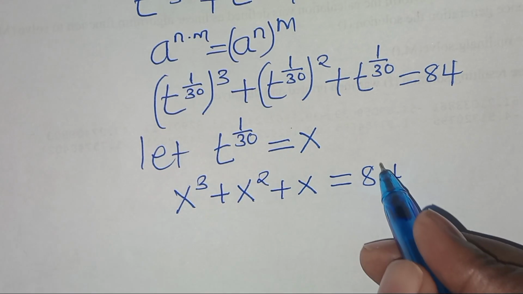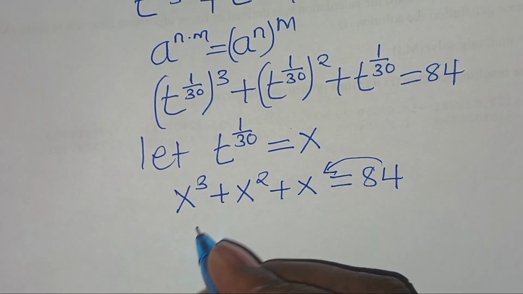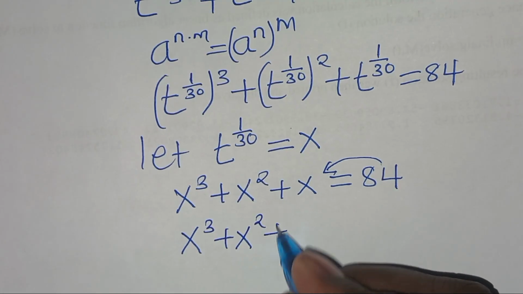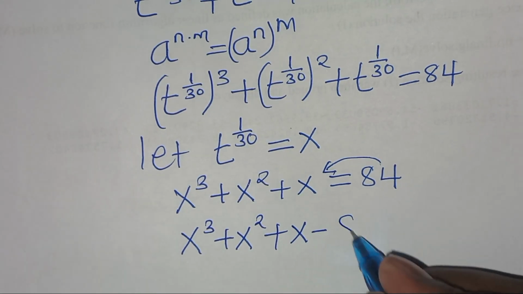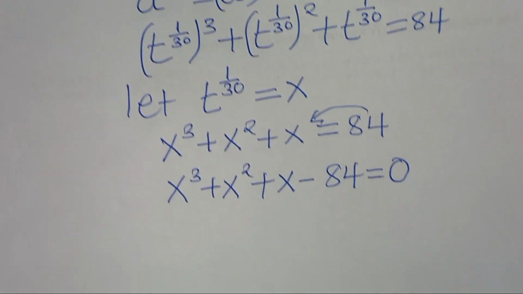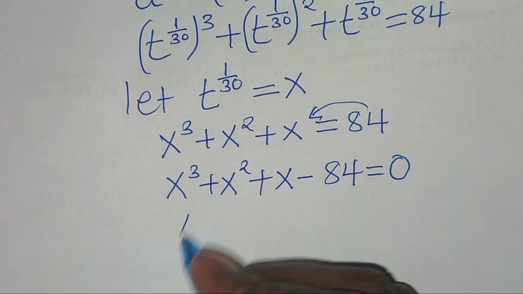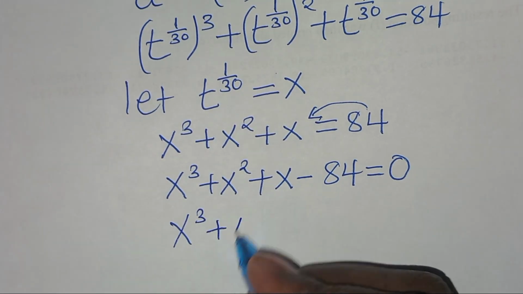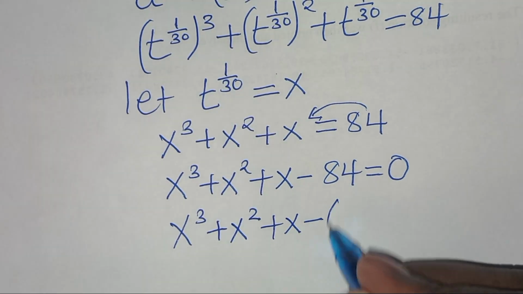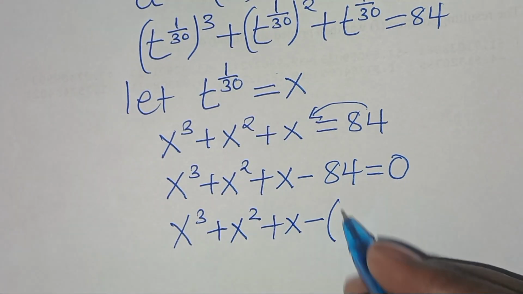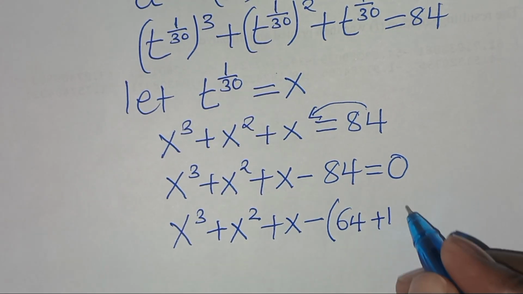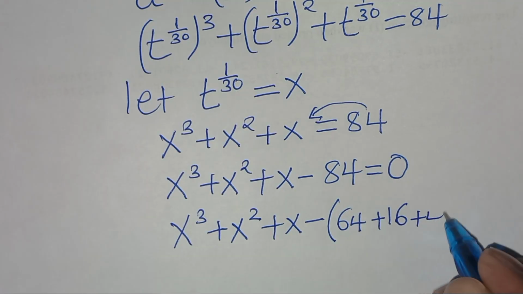So let's take 84 on the left hand side. So this is x to power 3 plus x to power 2 plus x subtract 84. This is equal to 0. The next step from here, we have x to power 3 plus x to power 2 plus x subtract 84. 84 can be expressed as 64 plus 16 plus 4.